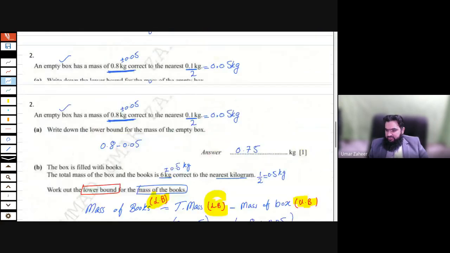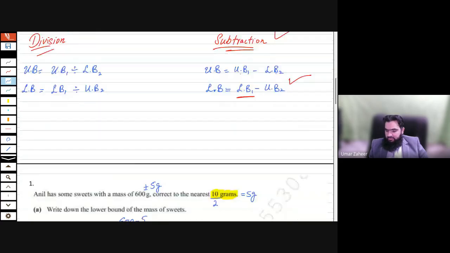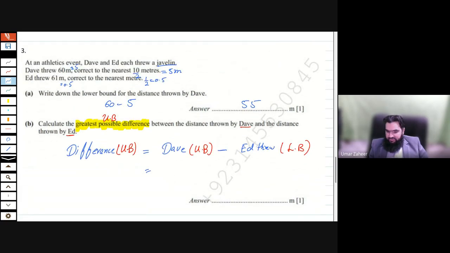Upper bound minus lower bound. So for upper bound, I will take 60 plus 5, minus, for the second I need to take lower bound, so 61 minus 0.5.